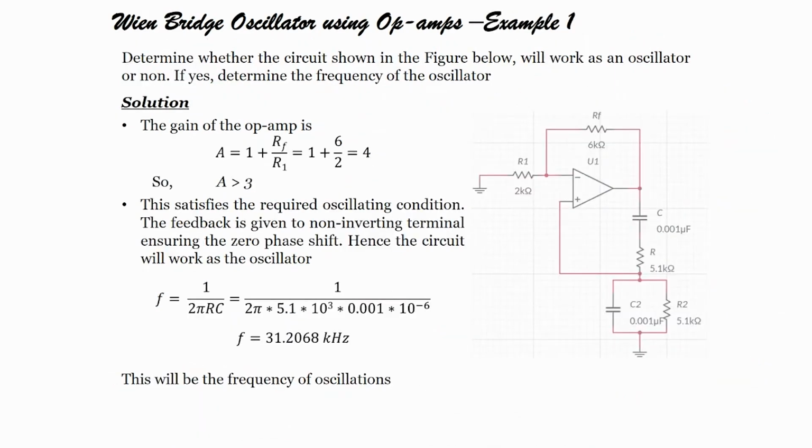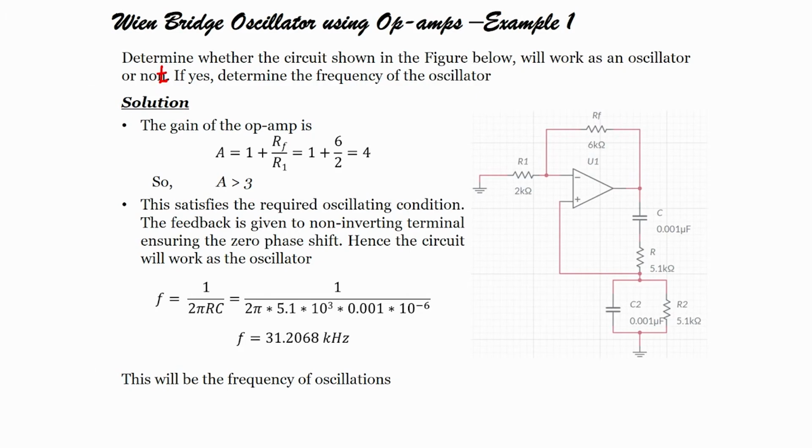So, now that we have learned how the Wein bridge oscillator operates, let us solve some problems. What is problem 1? Example 1: determine whether the circuit shown in the figure below will work as an oscillator or not. If yes, determine the frequency of oscillation.